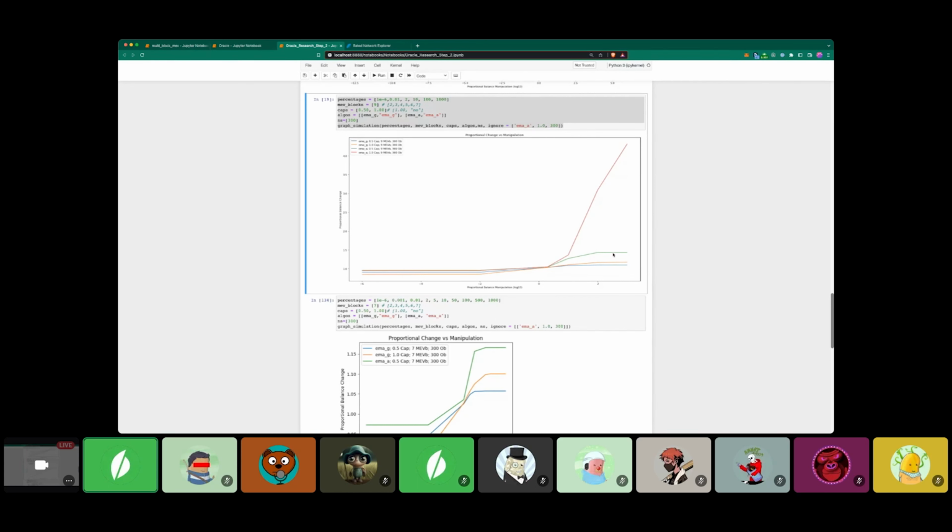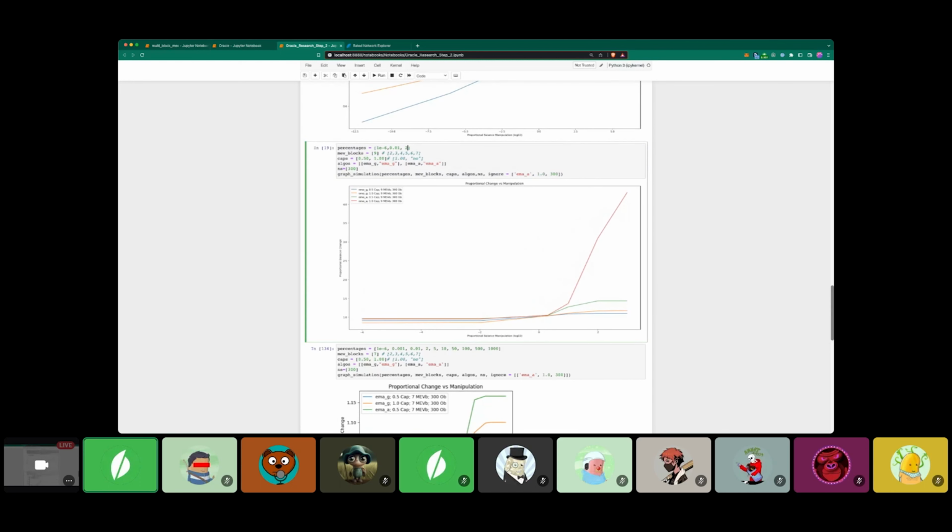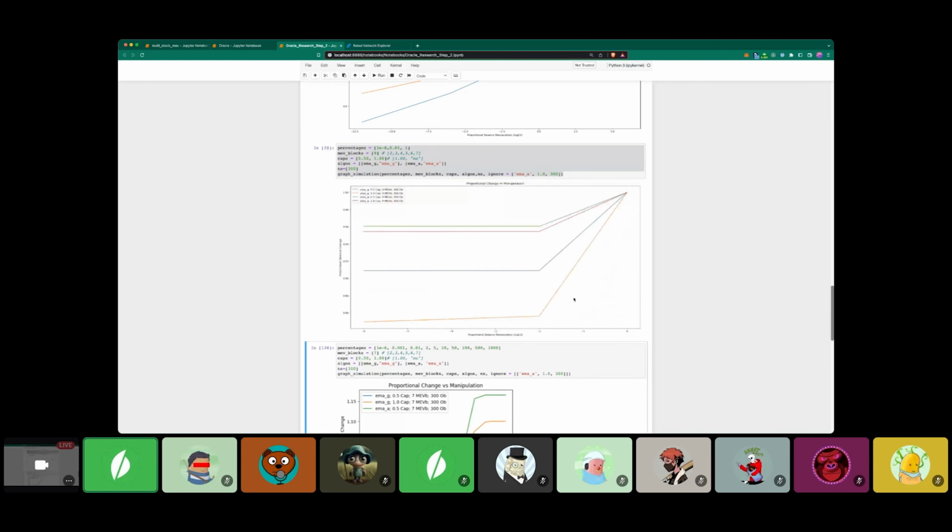Even with a 50% cap, we're still looking at like a 50% Oracle manipulation, and the geometric mean is still performing better on the upside. On the downside, the arithmetic means perform better, but looking at this 50% EMA, it has a 9% decrease. The 100% cap has about a 15% decrease.